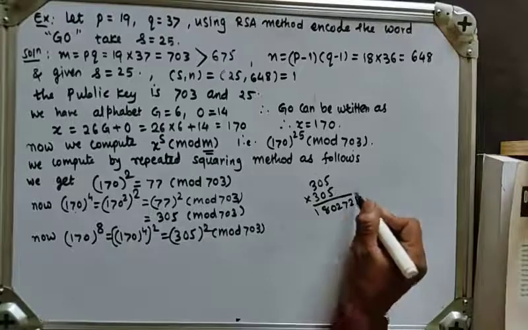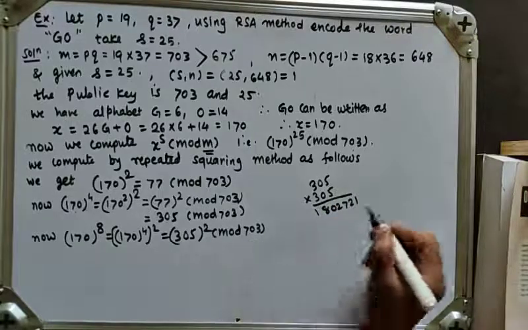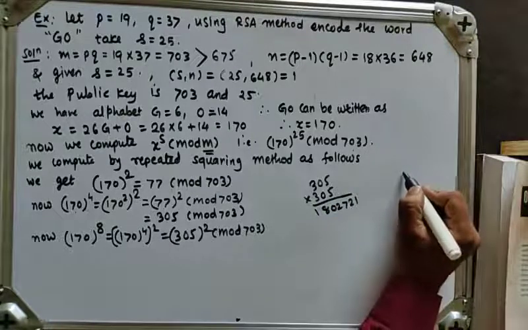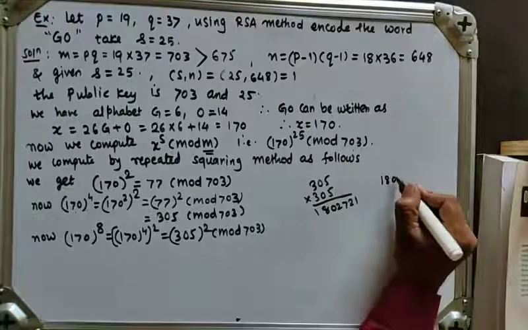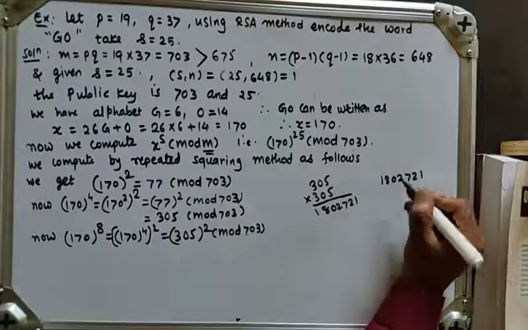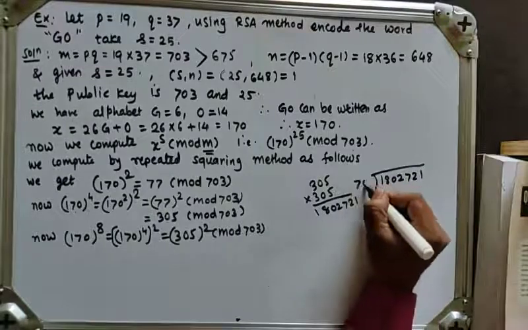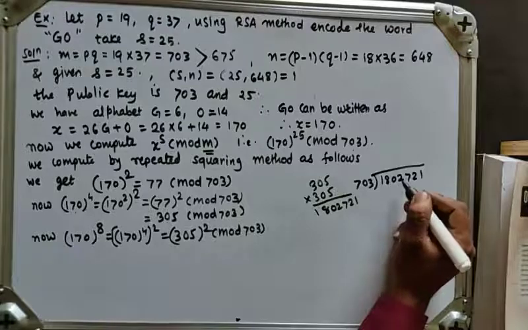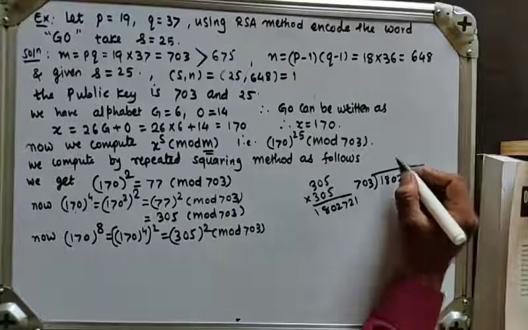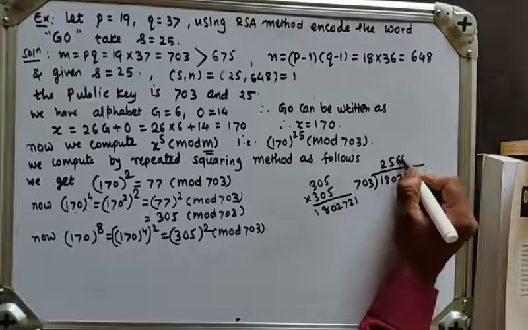180271. Now we divide this number by 703, to calculate the remainder when divided by 703. After dividing, we get the quotient 2564.